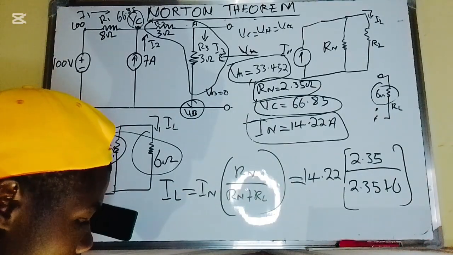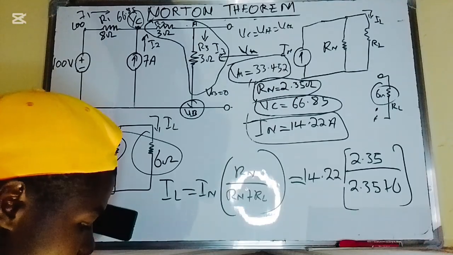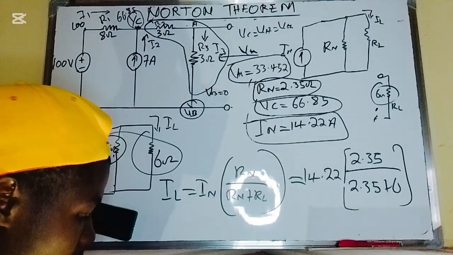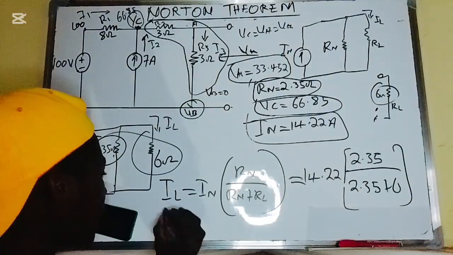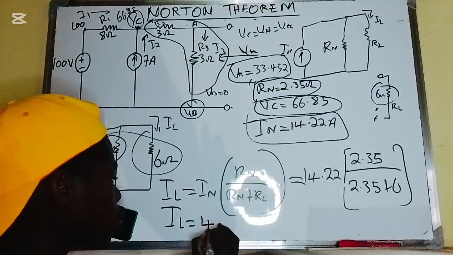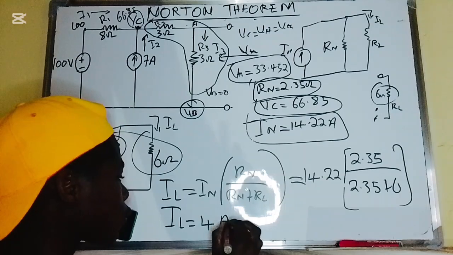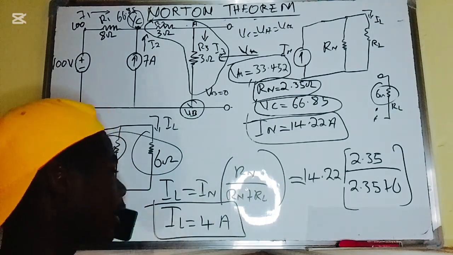Okay, sorry, I made a mistake. I have to say plus 6. So this should now be equal to 4 amps of current. So therefore the IL should now be equal to 4 amps of current.